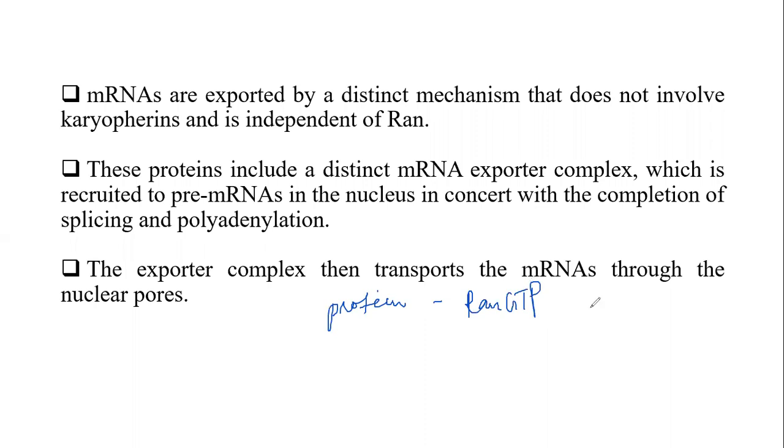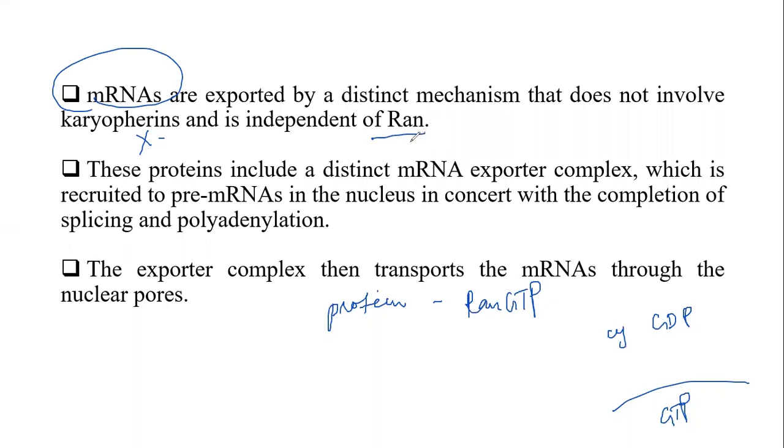If it is in the nucleus, it is GTP; in the cytoplasm, it was GDP, and that's how we saw the export and import of the proteins. But in the case of mRNAs, we don't want any importins or exportins, and it is also independent of RAN GTP.